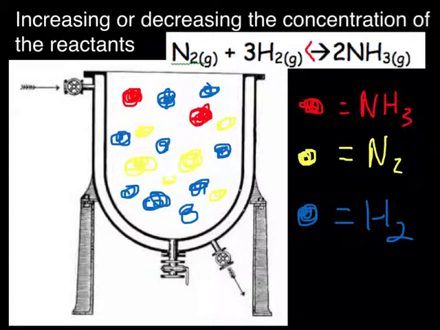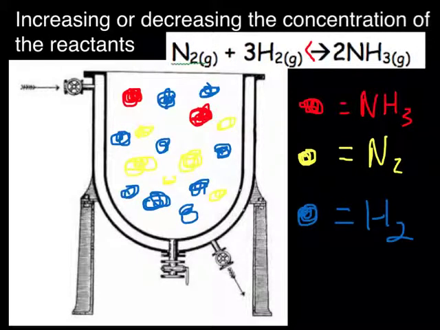Now, based on collision theory, if I increase the concentration of reactants, what should happen? Well, the reactants should collide more, thus creating more product.